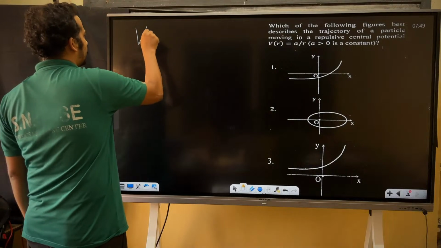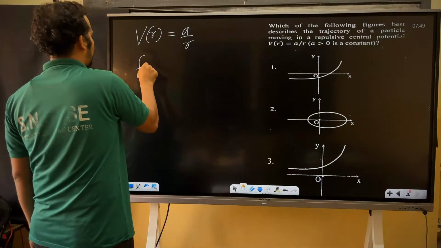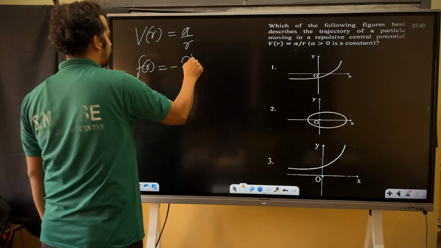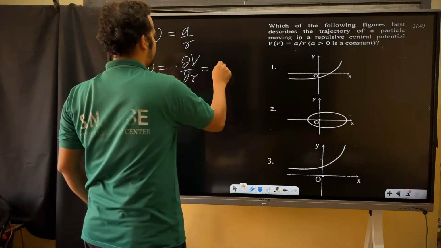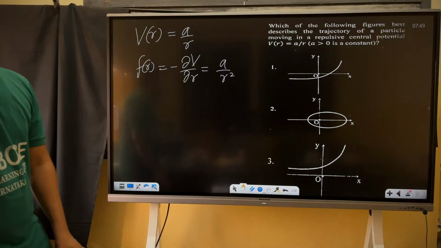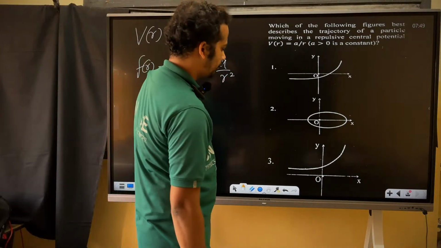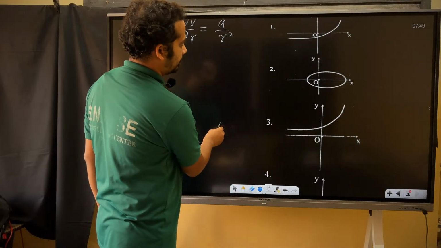So V of r equals A by r, and F of r equals minus dV by dr, which is A by r square. Repulsive central potential. Which of the following is the best suitable trajectory? Can you tell me?